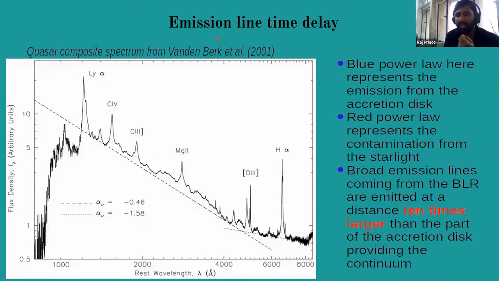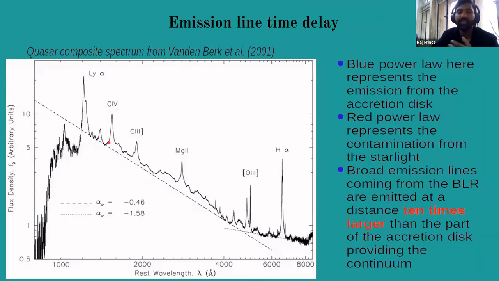In the emission line time delay, if you just look at the spectra of the quasars, you will see the different emission lines. So we have the Lyman alpha, carbon 4, magnesium 2, and the H alpha line. And you see the power law, which is basically the continuum emission.